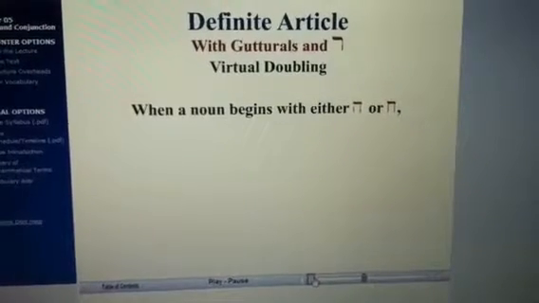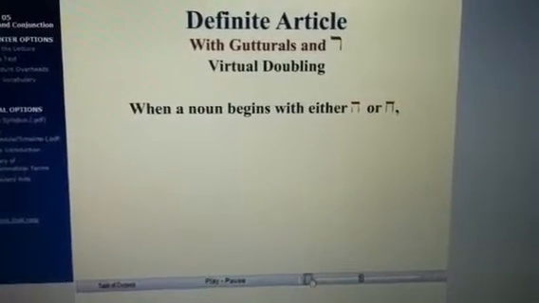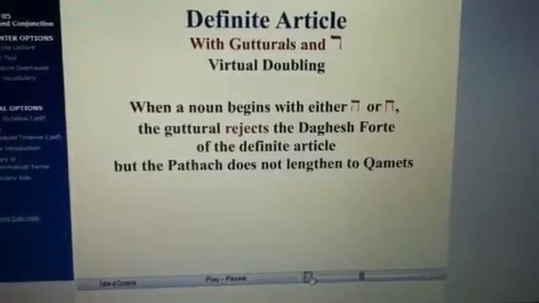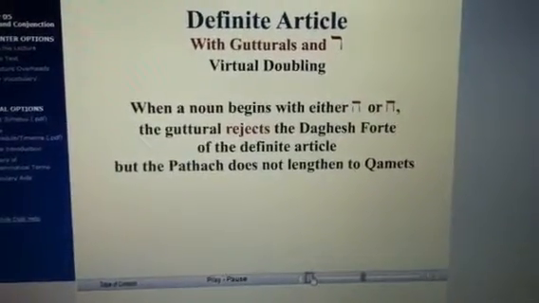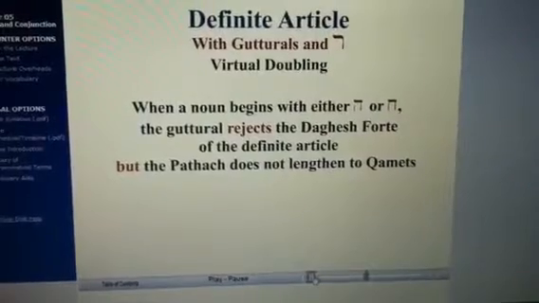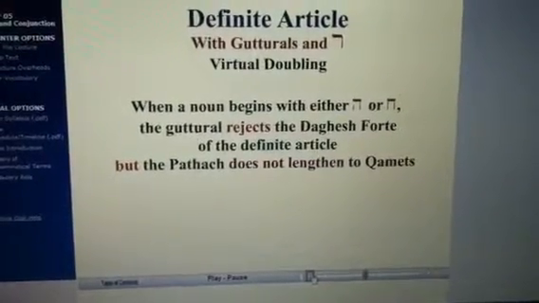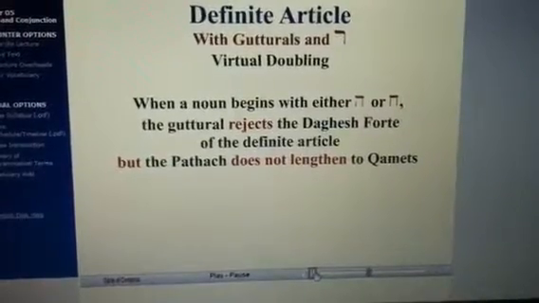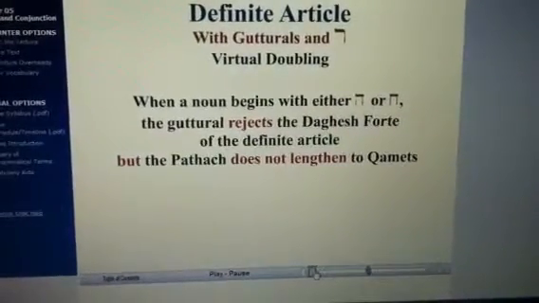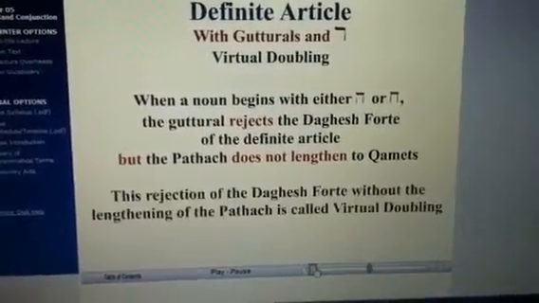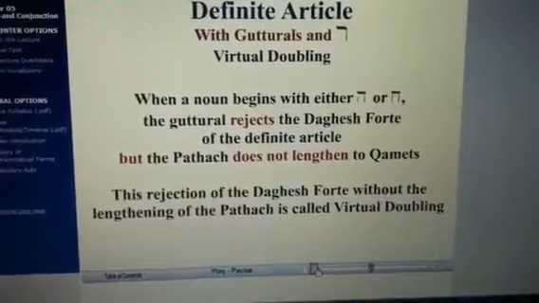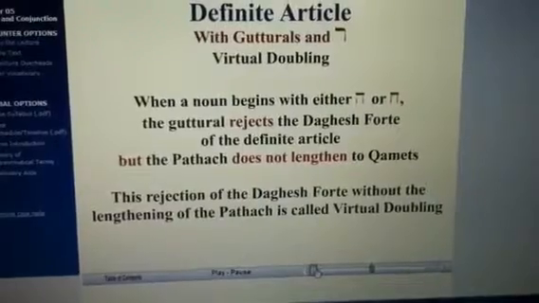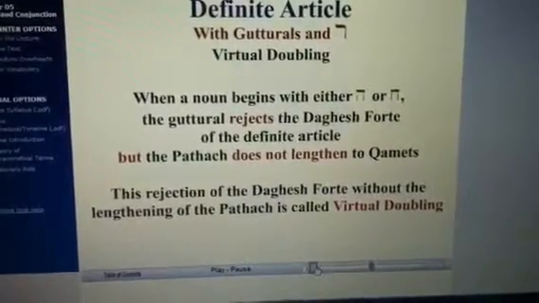When a noun begins with either hey or het, the guttural rejects the dagesh forte of the definite article, but the patach does not lengthen to qamets, as in the process of compensatory lengthening, which we just studied. This rejection of the dagesh forte without the lengthening of the patach is called virtual doubling.